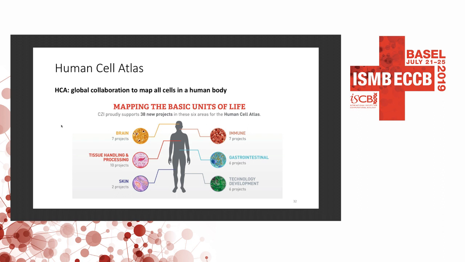For each tissue, for example the kidney tissue, they measure 10 people, and for each person, there are 10,000 cells. So you have a map for the kidney tissue, but that's for these 10 people.